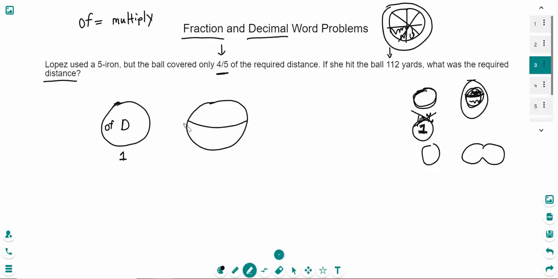Okay? All right, so of D. Now, let's think about it. What would go over here? So it's going to be a fractional part of the distance. Well, 4/5 is a fractional part of the distance, of the required distance. So 4/5 is certainly going to go in here.